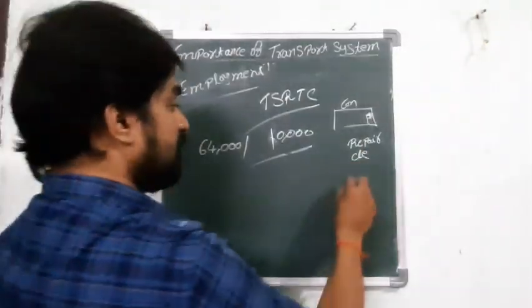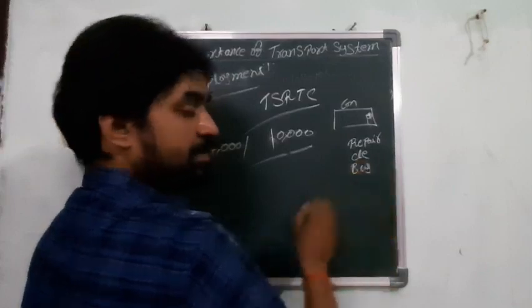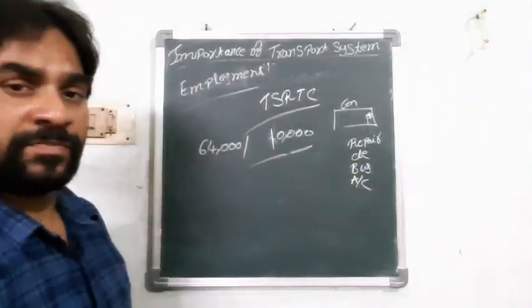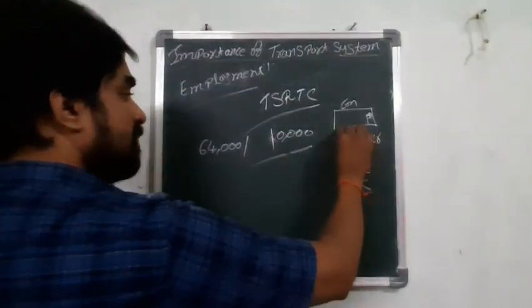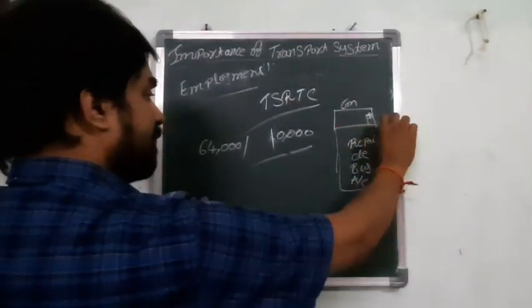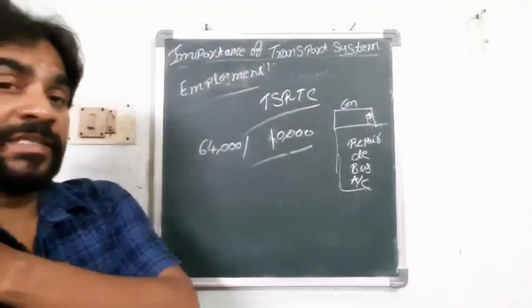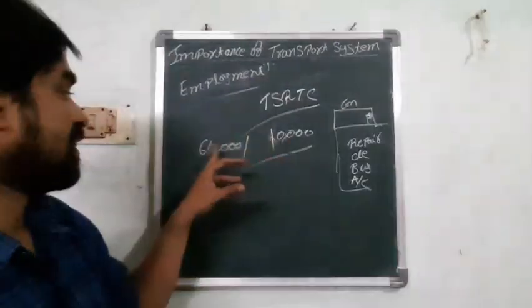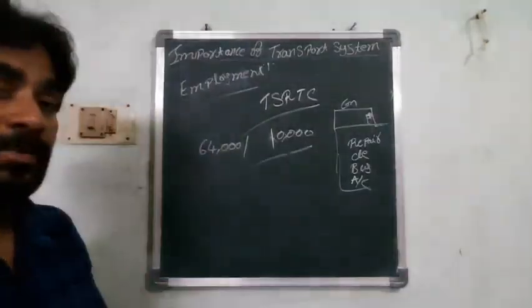There are some people giving the bus passes. There are some people doing the account work. So these are different types of people depending upon the Telangana State Road Transport Corporation. It means for 10,000 buses, there are 64,000 people working.